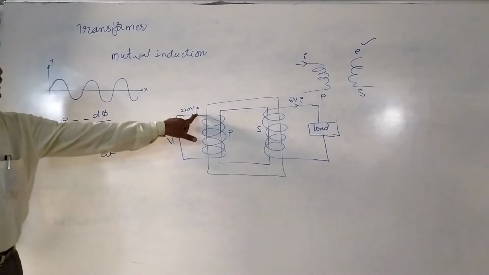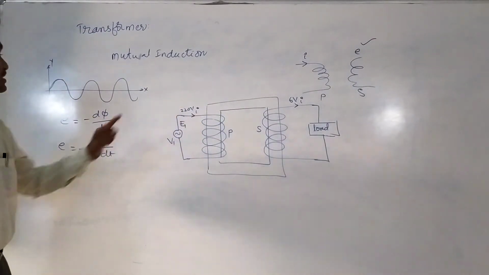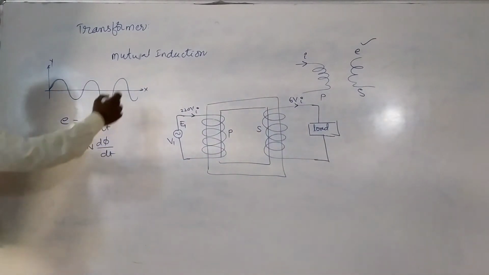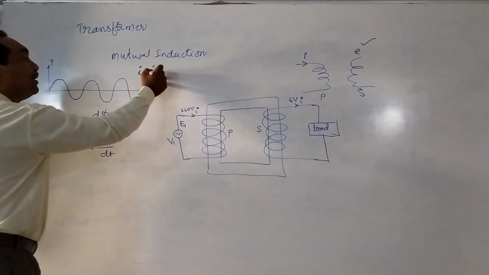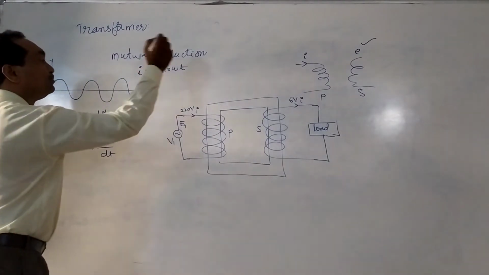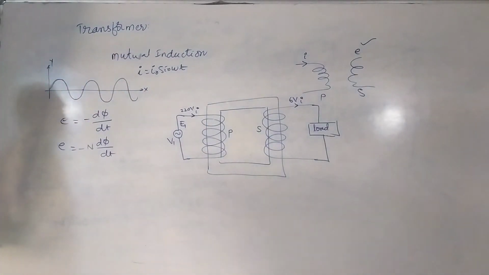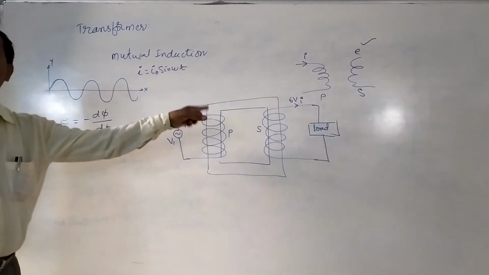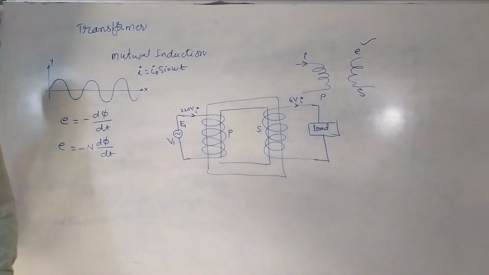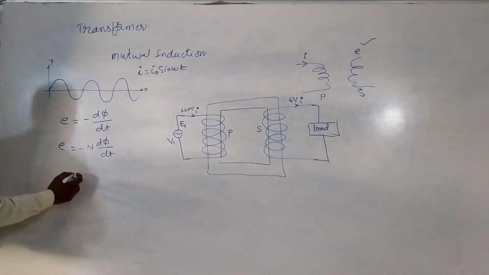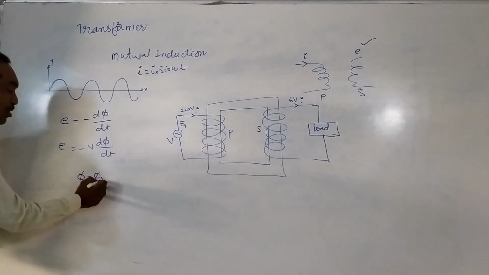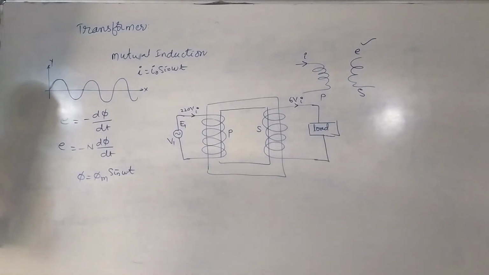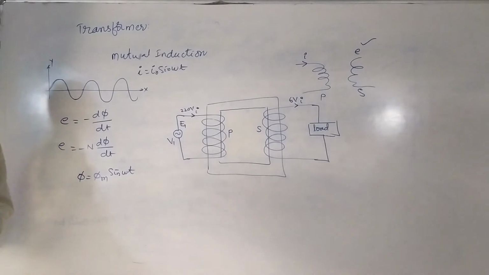Where we are using alternating current, it is sinusoidal. There is a sine waveform. So the current can be written as I is equal to I naught sine omega t, because there is a sine curve. If the current is alternating, the magnetic flux is also alternating, that is a sinusoidal. So the magnetic flux φ can be written as φ is equal to φm sine omega t. t is the time, omega is the angular frequency.